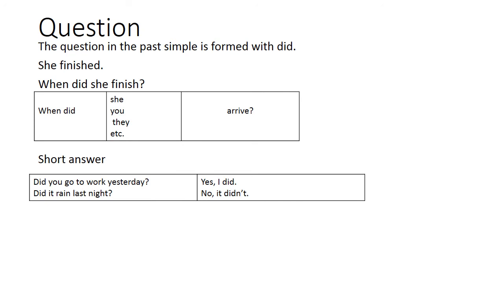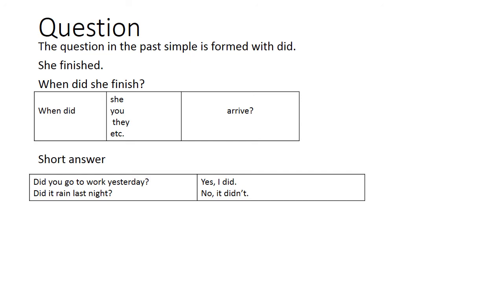If I want to make a question in the past simple, I have a sentence, she finished. If I make a question from this sentence, we can say, when did she finish?